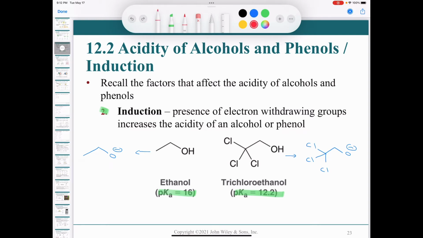Via induction, they're going to pull electron density away from the end of the molecule that has the negative charge, and that's going to stabilize this negative charge. And so that is why trichloroethanol is a stronger acid than ethanol. It's because of those electron withdrawing chlorines that stabilize the conjugate base that is formed after you make the alkoxide.